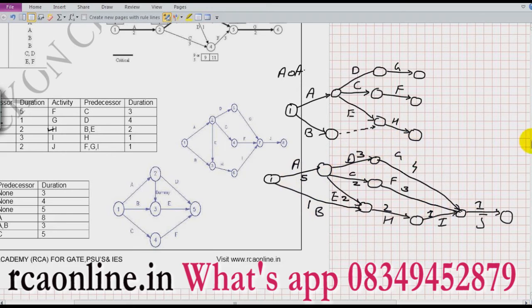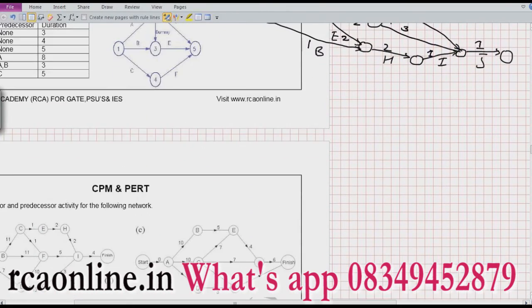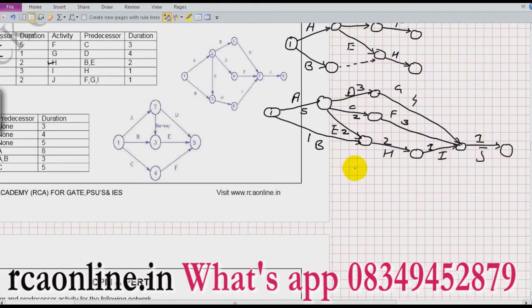Now if I have to draw the same network on AON, what will I do? A and B are the two starts.